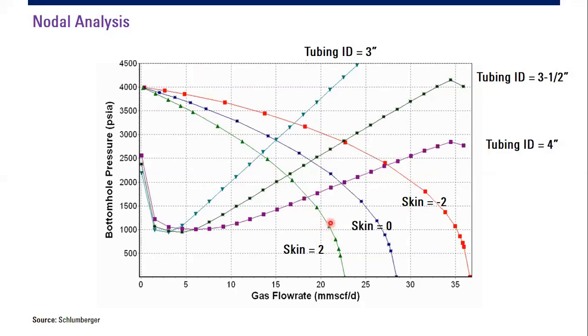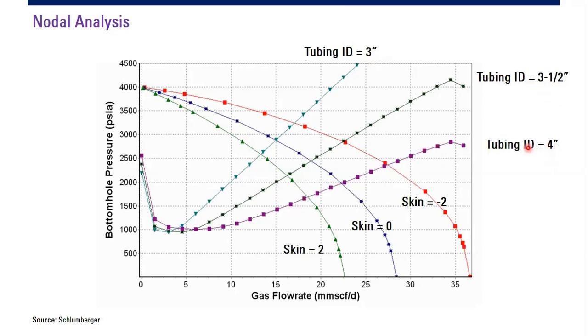To influence the vertical lift performance, as I said before, there are several parameters that will influence the VLP. One of them is the tubing inside diameter. We have three scenarios: 3 inches, 3.5 inches, and 4 inches.